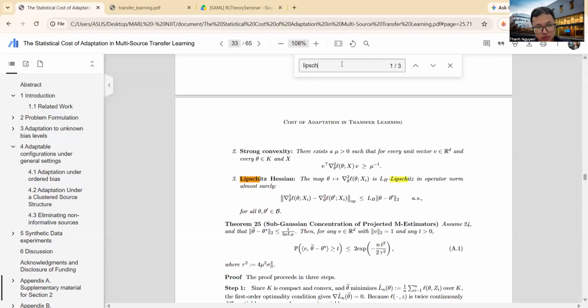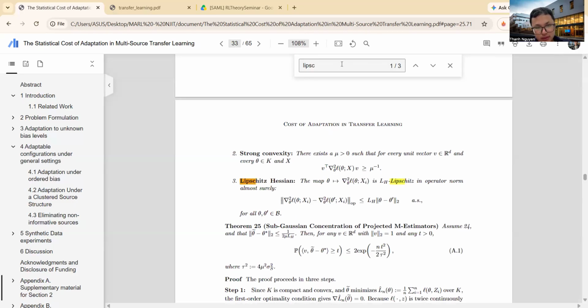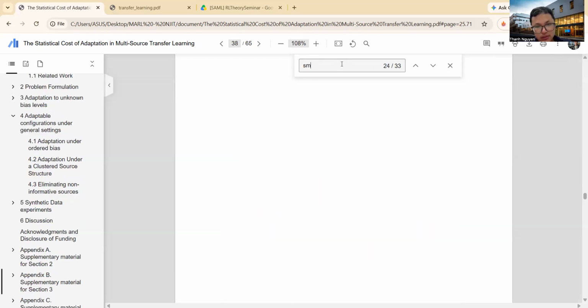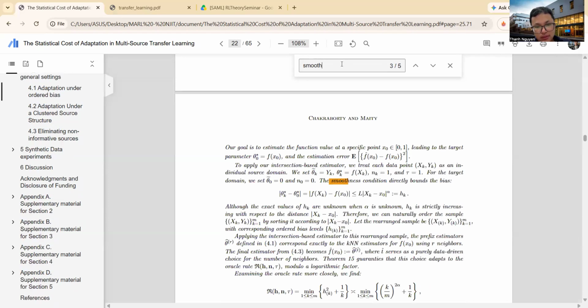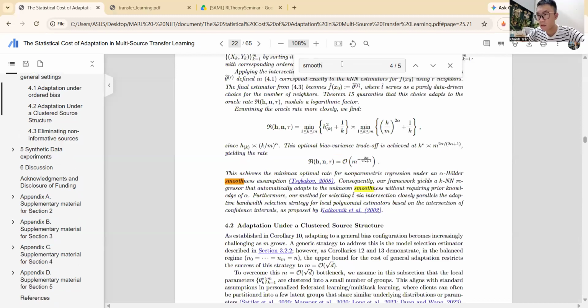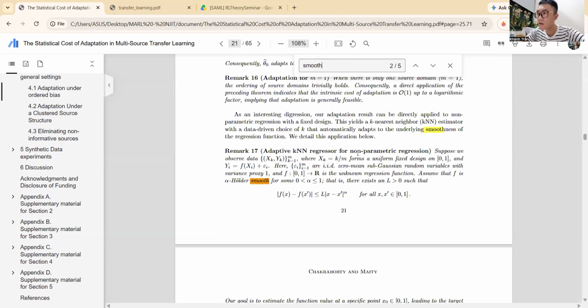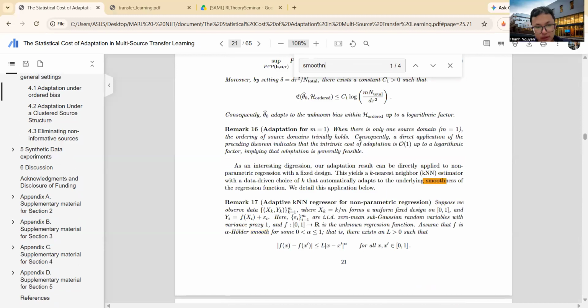Can you type smoothness? Maybe here, non-parametric. Remark 17, apply to non-parametric regression design.